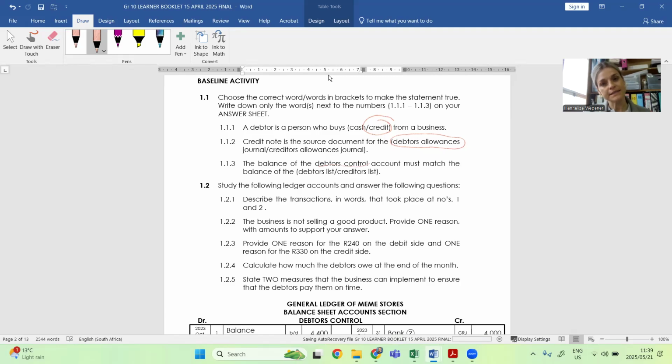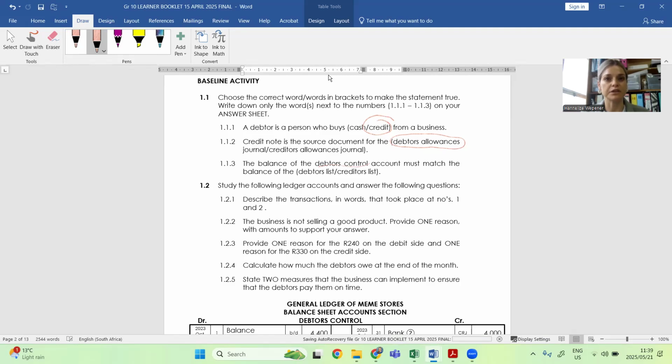So I take my subsidiary journals and I post all of those transactions to the individual debtors accounts in the debtors ledger. Once I'm done with that, the debtors ledger is then summarized in my debtors list.